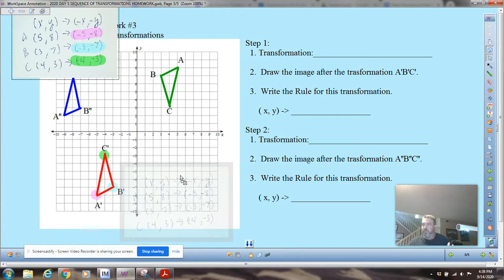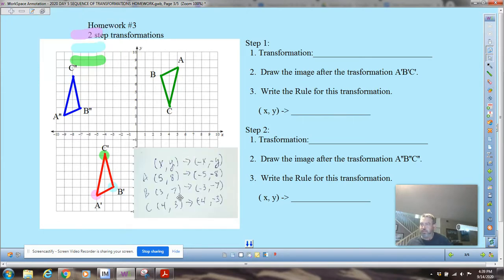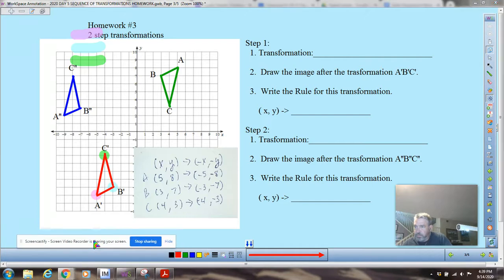Let's move this over here. I don't have anything in the fourth quadrant, so I can do that. Okay, now what do I got to do? I need to move, let's look at A. How far does A need to move? Okay, it needs to move over here, and then it needs to move up.